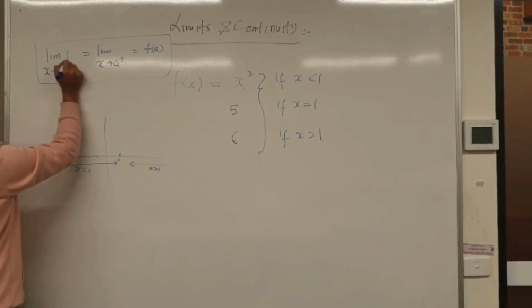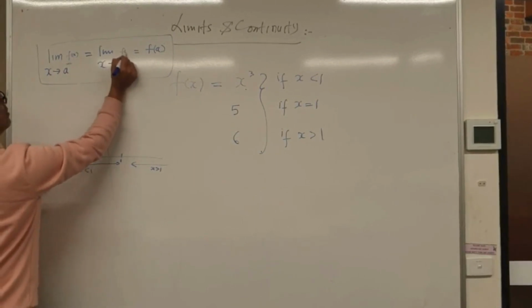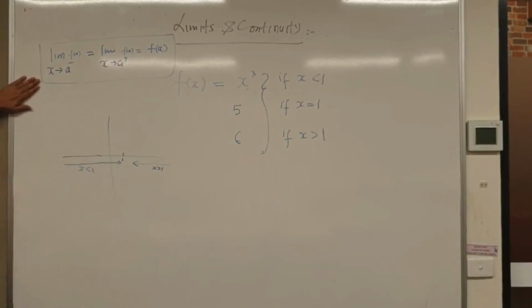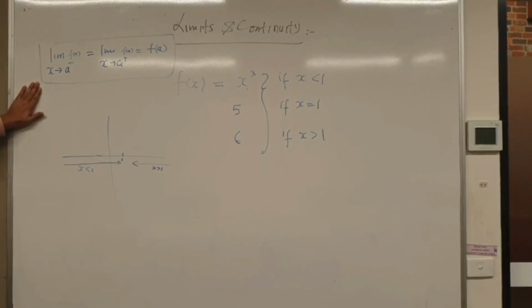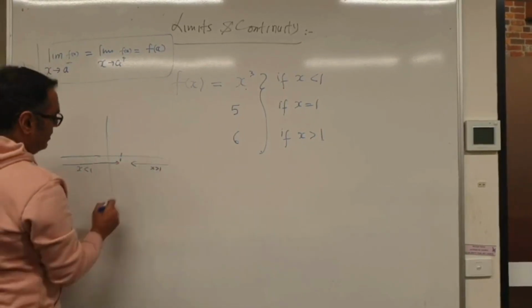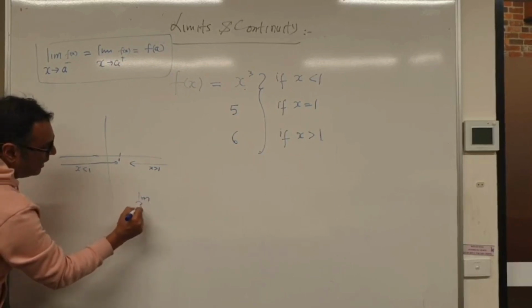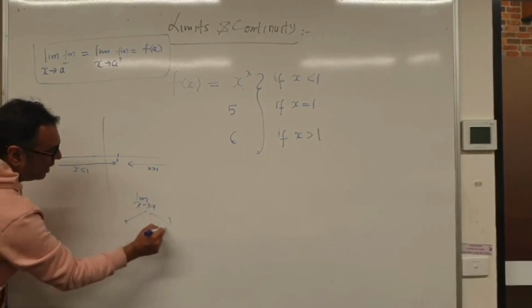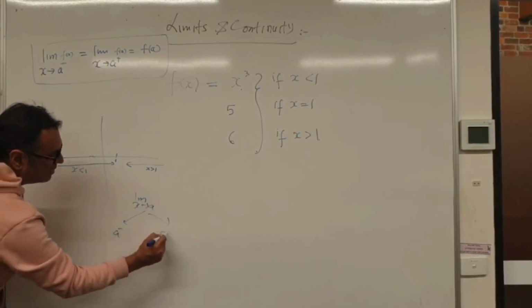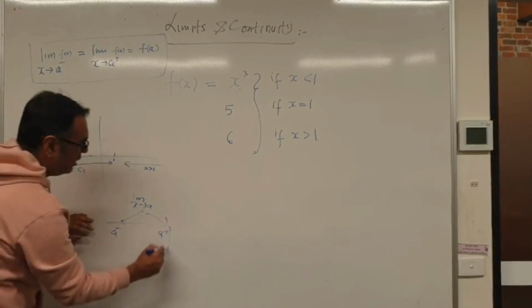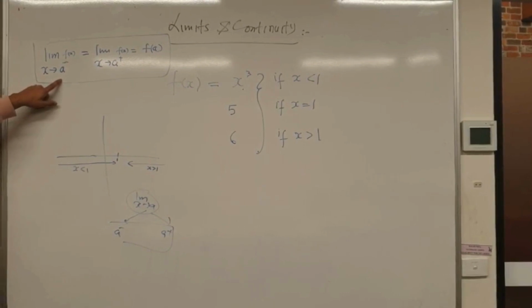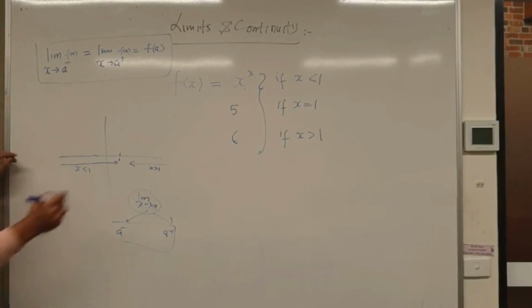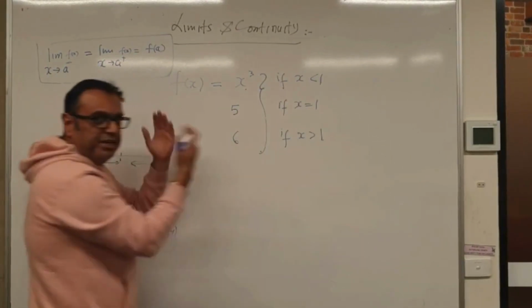If this is satisfied, the function is continuous. As I told you, the limit as x tends to a has 2 parts, the negative side and the positive side. If these are equal, I just write this. Let's check for 1 because 1 is the breakpoint here.